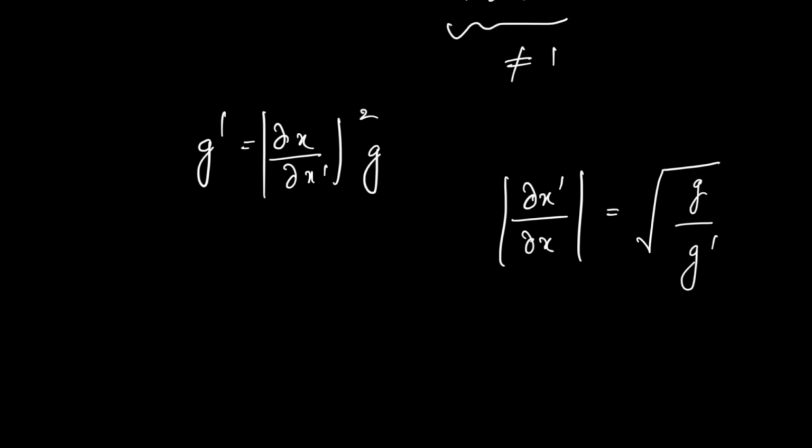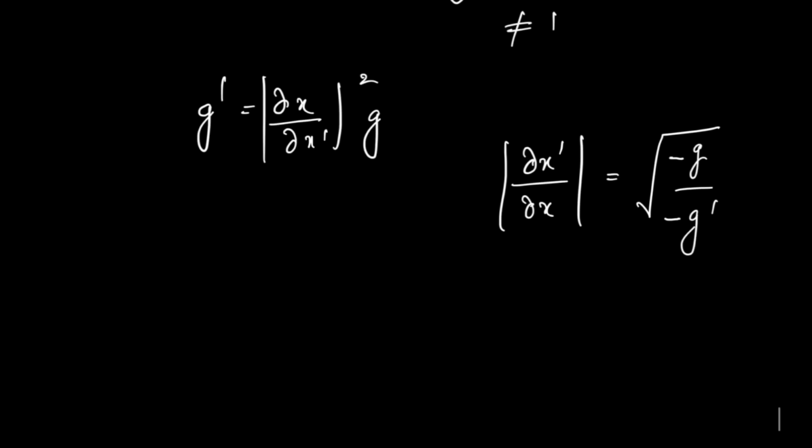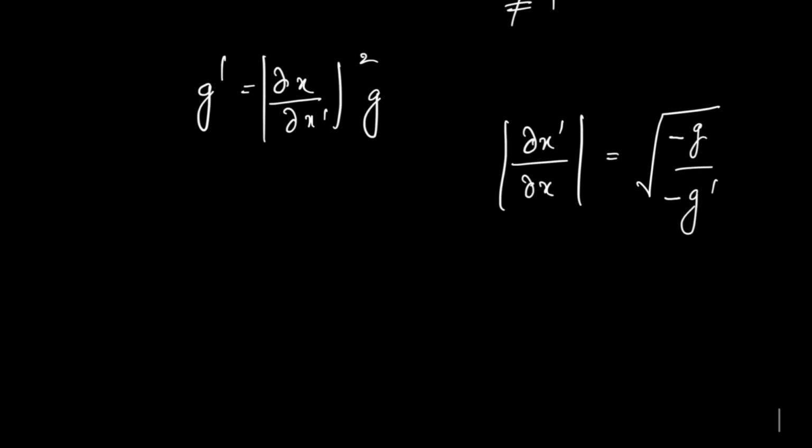I'm just rewriting, rearranging, and I can obtain something like this. Now I can introduce a minus sign here and a minus sign here so that there is no change. I can just introduce a minus on the numerator as well as the denominator.